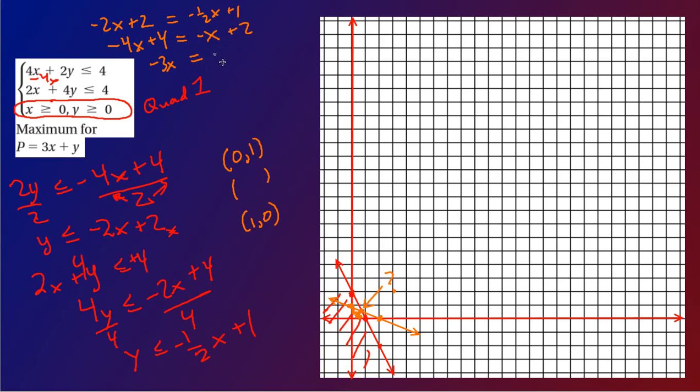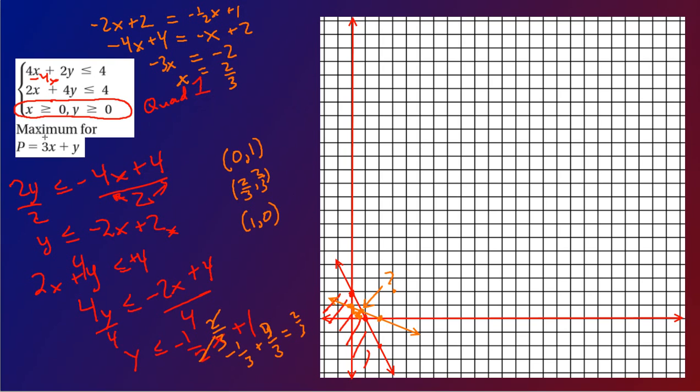I'll subtract the 4. Divide by negative 3. So I get 2/3 for x. So if x is 2/3, then what is y? I'll just put that 2/3 right here. Cross cancel. So negative 1/3 plus 1. So get a common denominator. That is 2/3. So 2/3, comma 2/3.